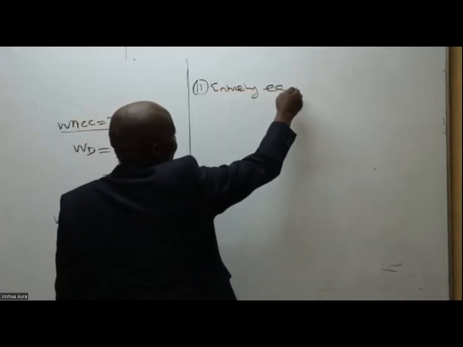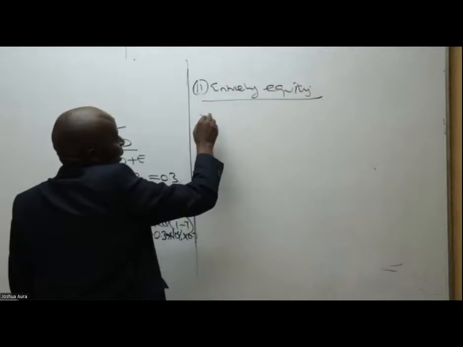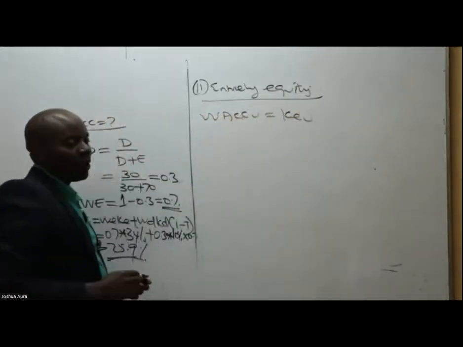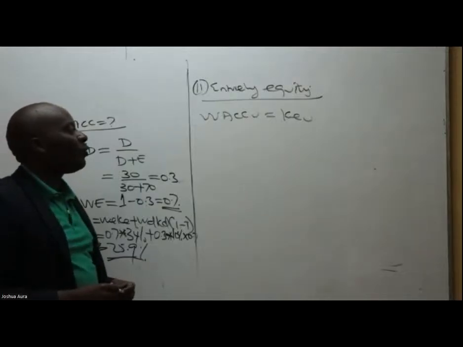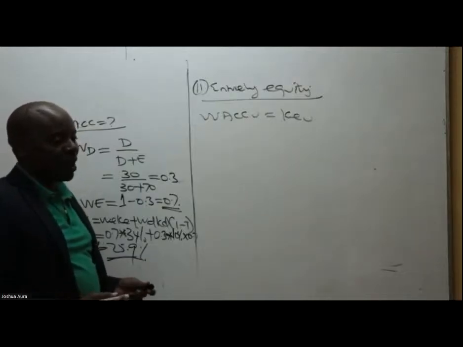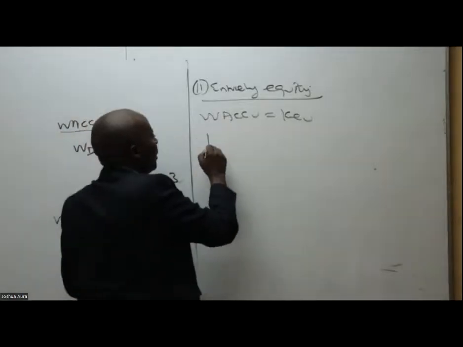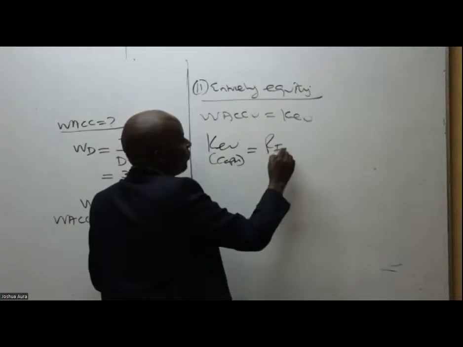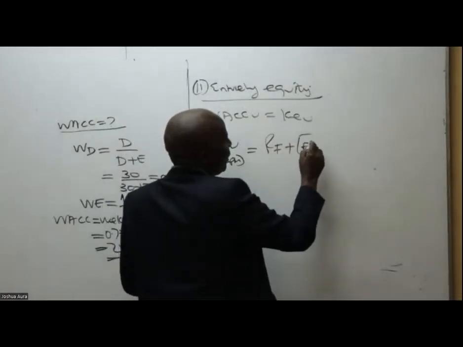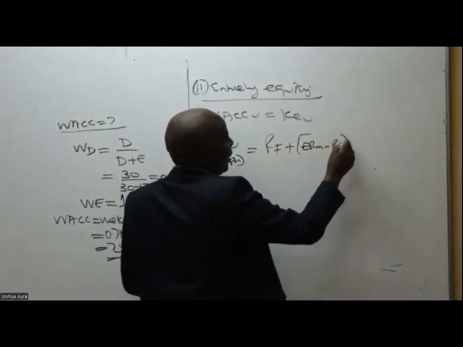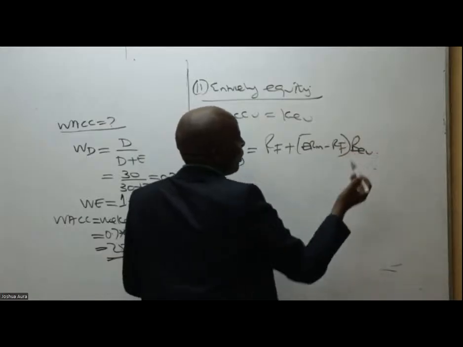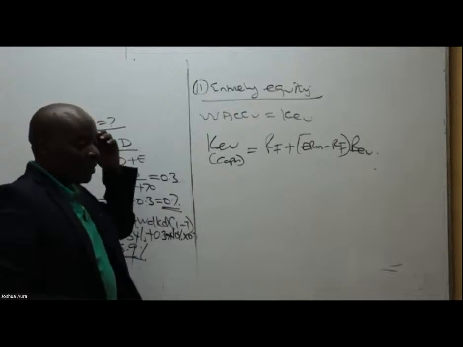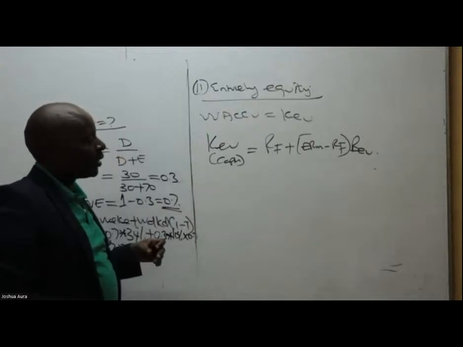With an entirely equity firm, WACC of the unlevered firm equals the cost of equity. To get the cost of equity using CAPM, I take the risk-free rate plus market returns minus risk-free, multiplied by beta.